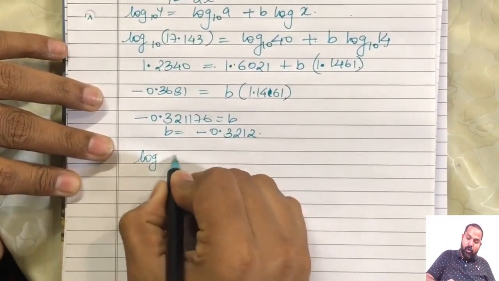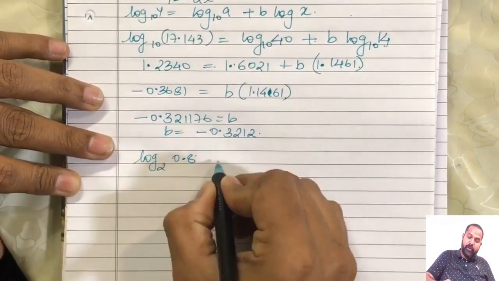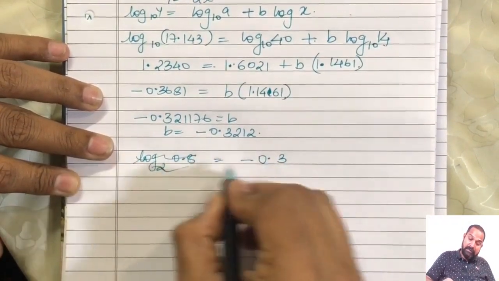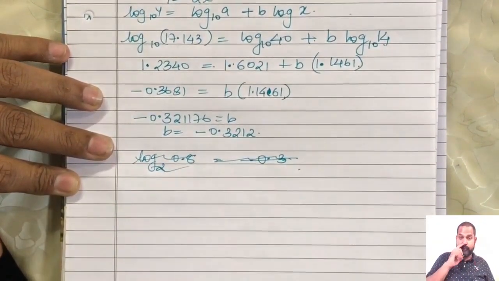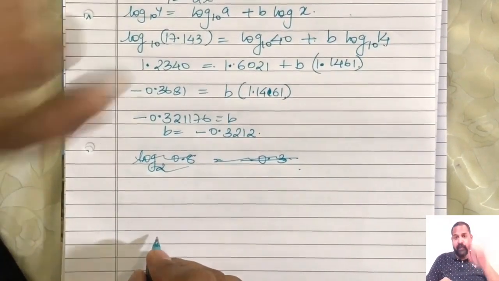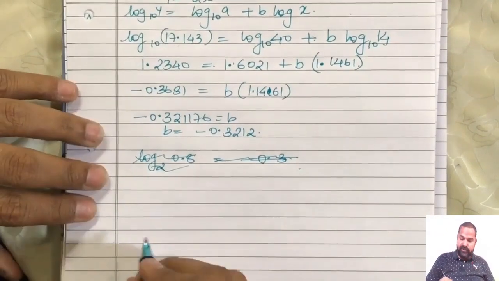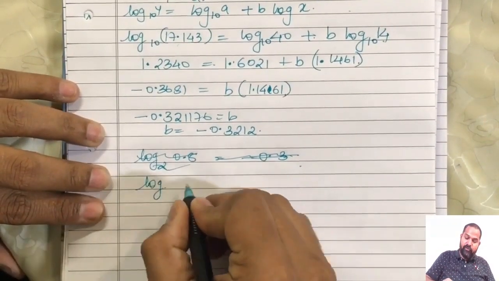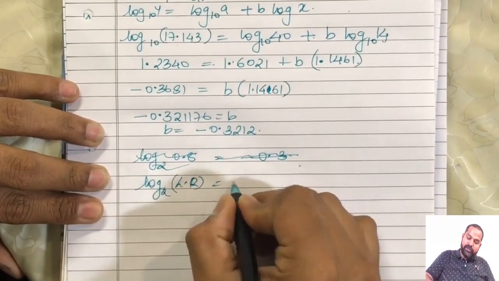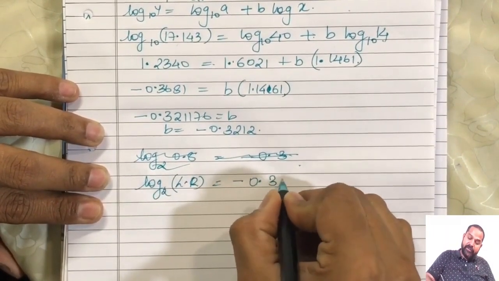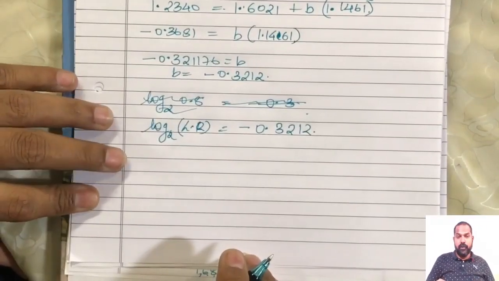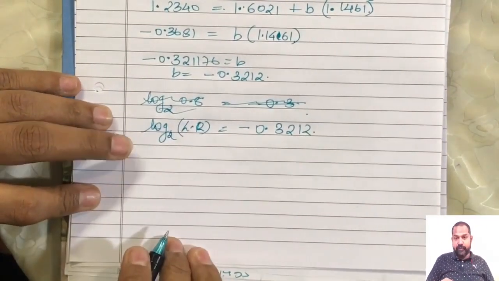What is B? B is the log of 0.8 to the base 2, which is minus 0.3, sorry. What is B? B is the log of the learning rate to the base 2, which is minus 0.3212. So in the next step, change of base theorem.